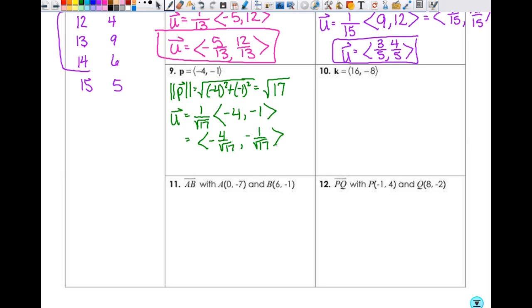And then we rationalize, which is ugly looking, but pretty easy. You're just going to multiply by the square root of 17 over the square root of 17. So it's going to be -4 square root of 17 over 17, and negative square root of 17 over 17. So it's a yucky looking answer, but it really wasn't necessarily difficult as long as you understand what rationalizing is.